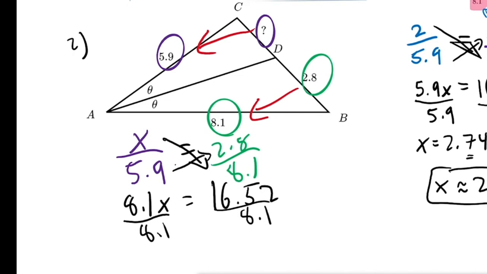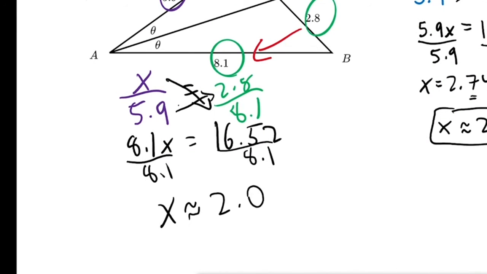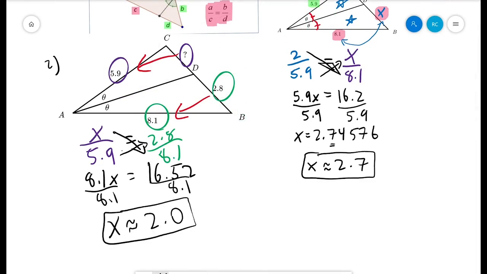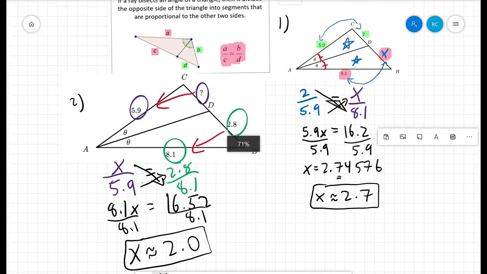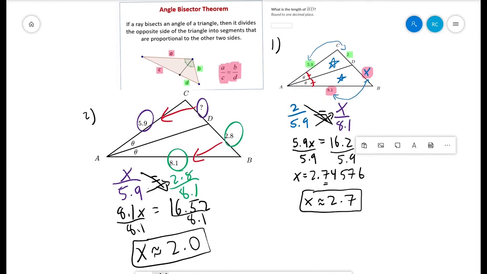Divided by 8.1, we get 2.039. Now, again, we're rounding to one decimal place, so we're going to say x is approximately equal to 2.0. Let's see if that's the right answer. It is.